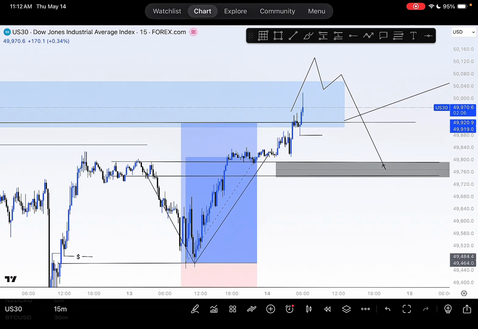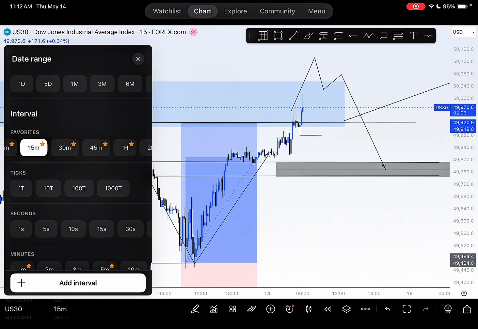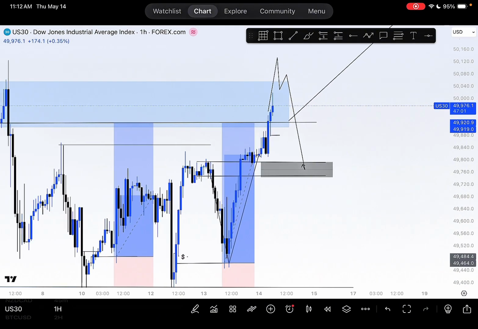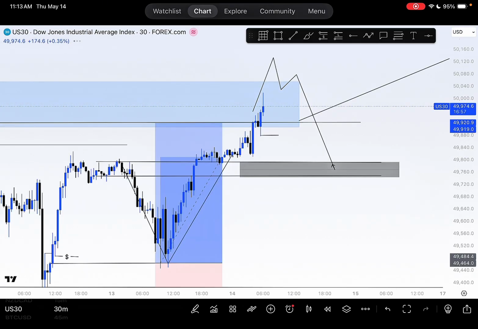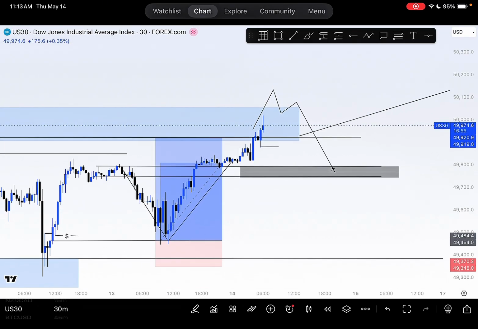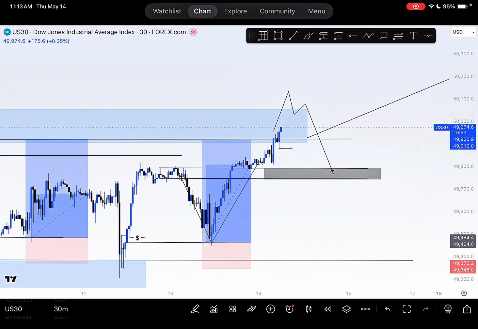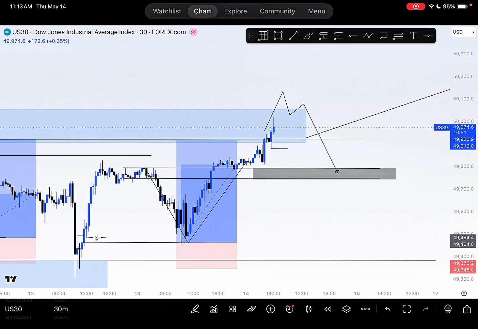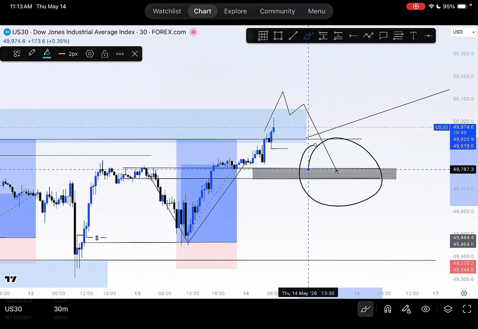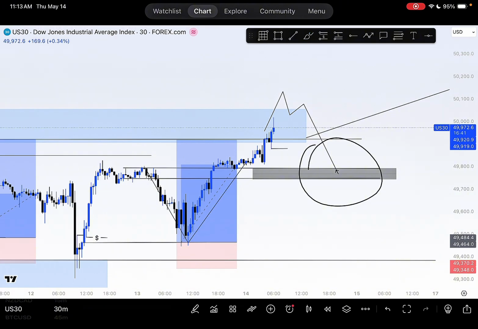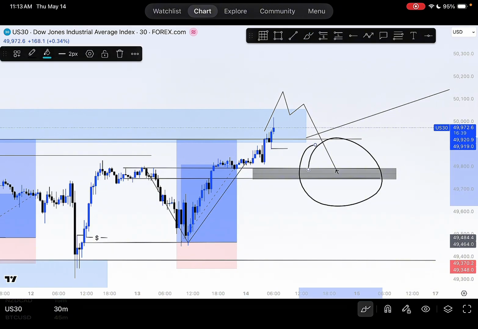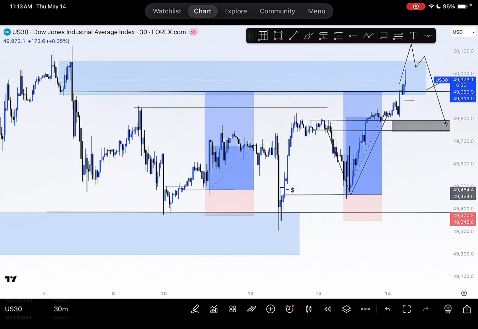Let me go to 1 hour. Let's see, is there any? No. On our 30 minutes. So for US30, I'm waiting for the market to come back to this zone before I'll be able to buy again. So that's how I got this trade on US30 after hitting stop loss in this first trade.